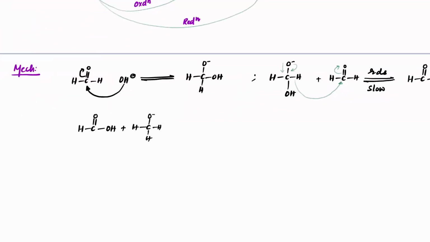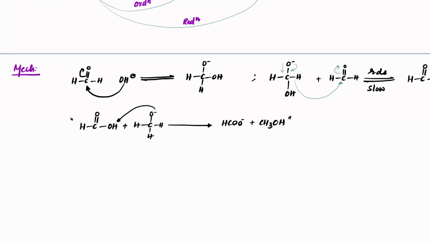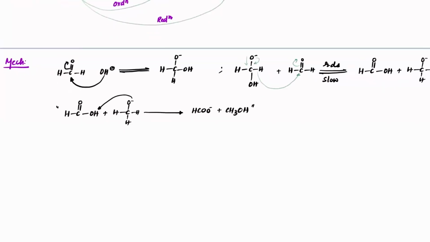And this compound, internally, will take H plus from here, and what we report as the final product is HCOO minus and CH3OH. So this is the final product, and these are the steps that are involved.